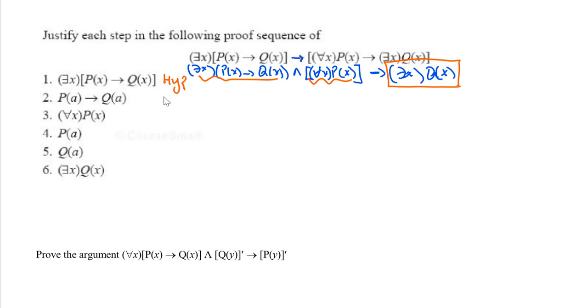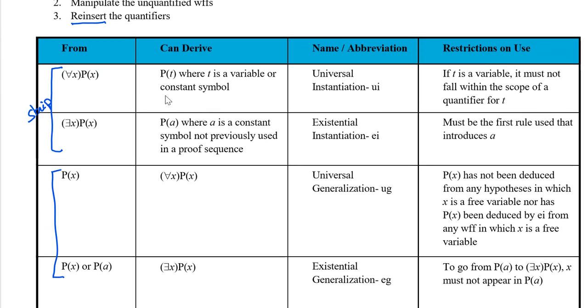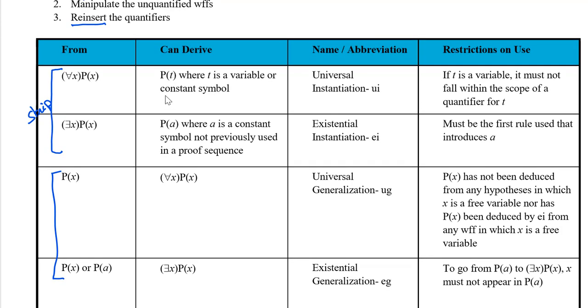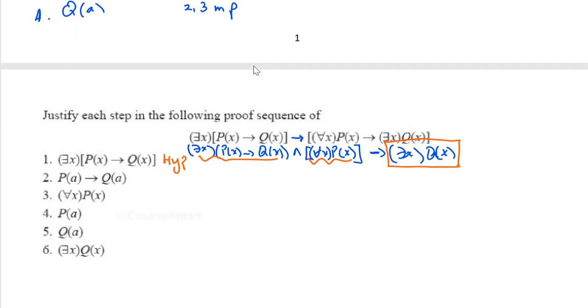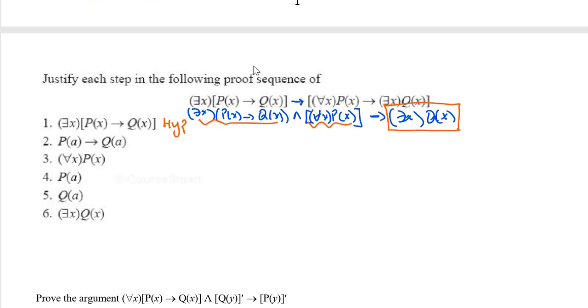Okay? Now I'm going to go back to the example I went over here. These restrictions right here. If you have there exists p of x, that must be the first rule used that introduces a. If you have for all, it's okay to do it later. So since I have there exists, there exists some x.